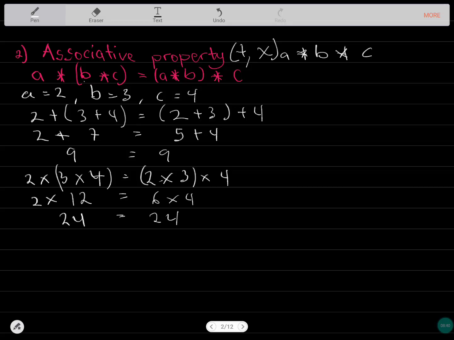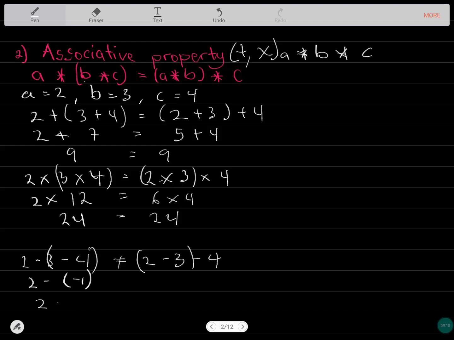6 times 4 would give us 24. So we can say that addition and multiplication are associative, but we cannot say the same for subtraction. 2 minus 3 minus 4 is not equal to 2 minus 3 minus 4, if we solve the latter on the right hand side first and the former on the right hand side first. So in this case, 2 minus 3 minus 4 is negative 1.